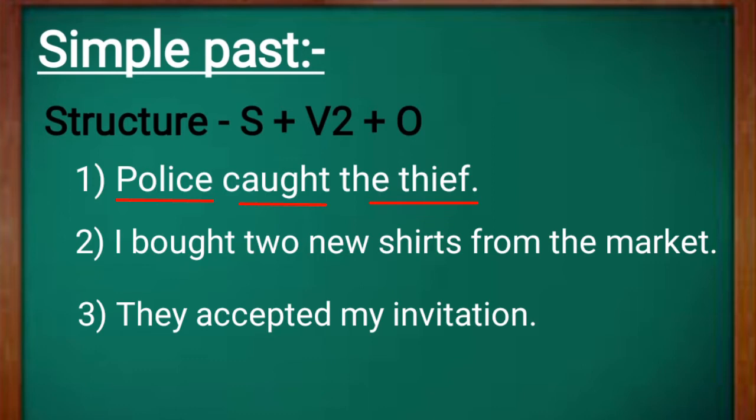In the second example, I is the subject, bought is the verb second form that we get from buy, meaning to purchase something. And what did I buy? The answer that we get is two new shirts. So two new shirts in the second sentence is the object of the sentence, and from the market is the remaining part of this particular sentence.